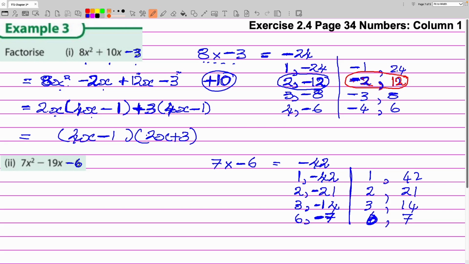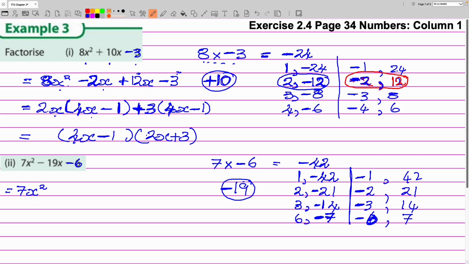And then which signs am I changing? These ones here. What is the middle number? Minus 19. And what I'm asking you to do is finish it off.